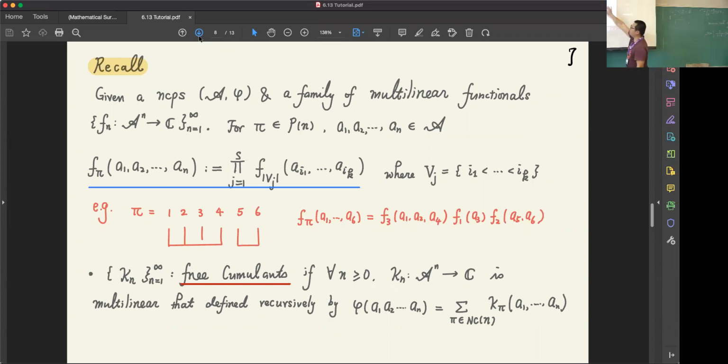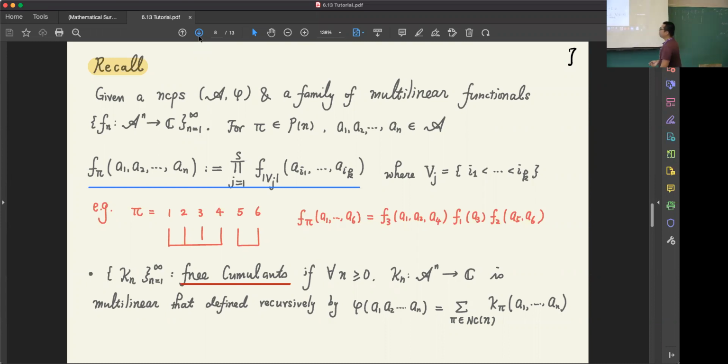I give an example here. If pi is a partition of 1 up to 6, where 1, 2, 4 are in one block, 3 is a singleton, and 5, 6 are in another block. Since 1, 2, 4 are in the same block, we have F3, since we have 3 elements, with the corresponding elements A1, A2, and A4. The second block is 3, only one element, so we have F1 with A3.